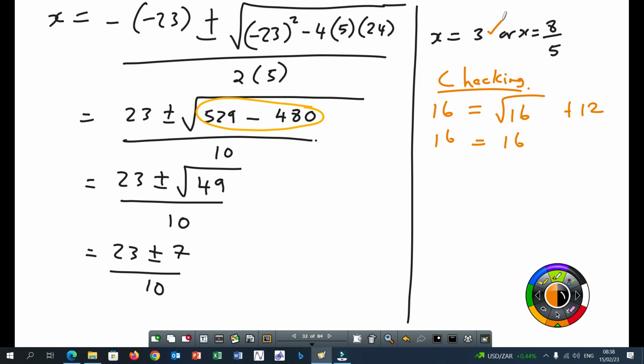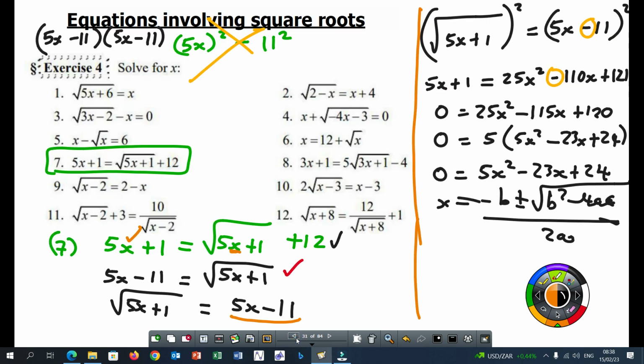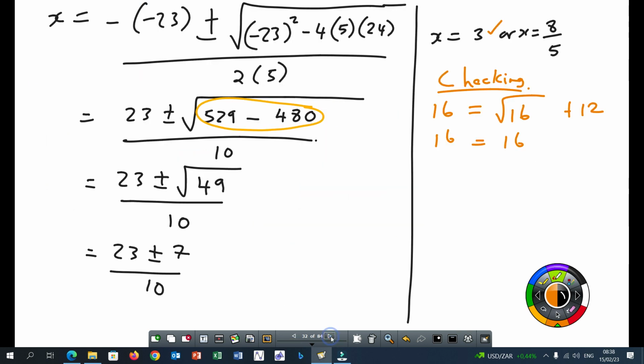So it means x equal to 3 is a solution. Now we need to test x equal to 8 over 5. If I put 8 here, I'll get 40 over 5, which is actually 8. 8 plus 1 will give me a 9.